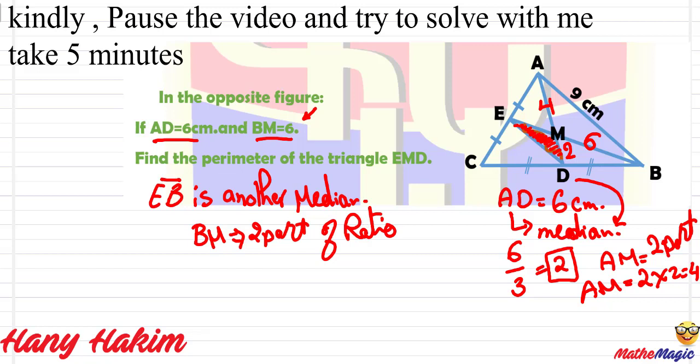So I can divide BM by 2, 6 divided by 2 to get 3, and 3 represents only one part. So EM equals only one part, which is equal to 3.